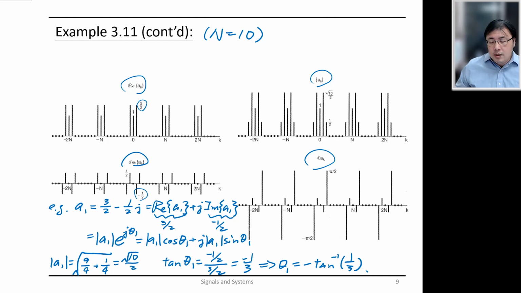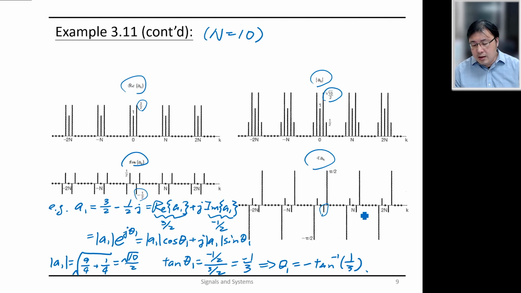Okay, so you can see here that if you express this in terms of magnitude and phase, the magnitude of a1 is square root 10 over 2, and minus arctangent 1/3 is some negative phase that is less than pi/2 in magnitude.